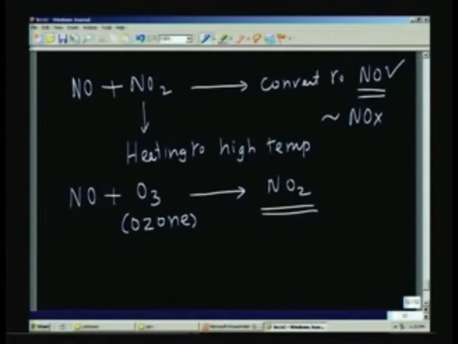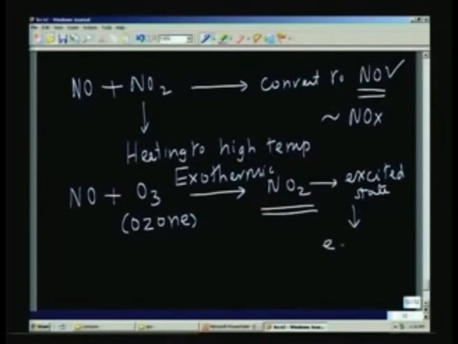The second reaction is to produce NO2, because this reaction is exothermic, and therefore, NO2 is in the excited state. It is in the excited state and it emits radiation, and this emission of radiation is actually called the chemiluminescence. So, chemiluminescence is nothing but the emission of radiation by nitrogen dioxide in the excited state.